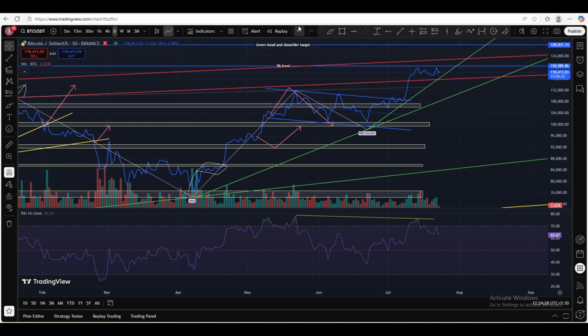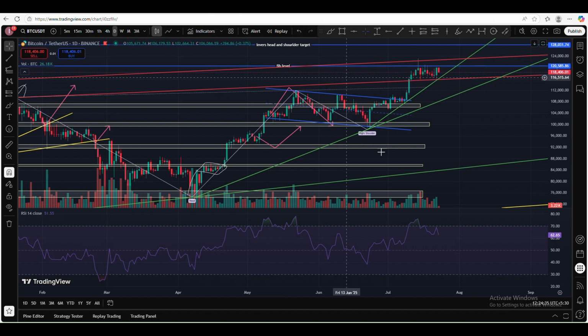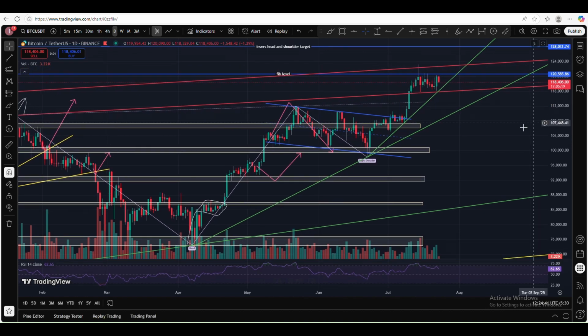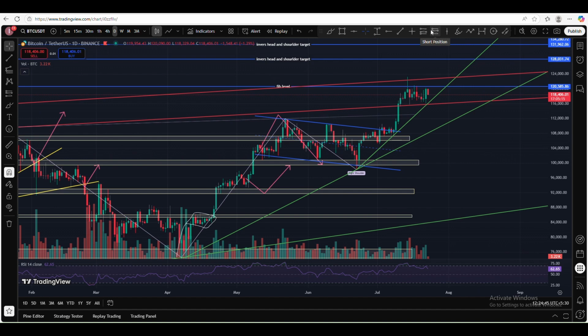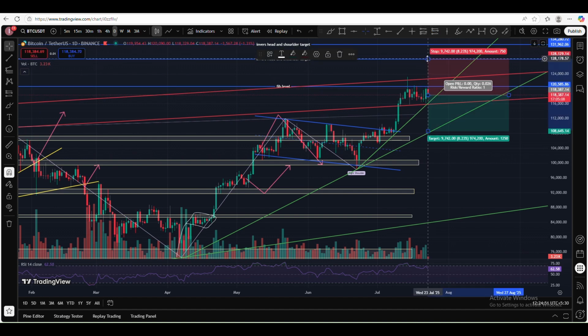There is a bearish divergence. With this bearish divergence, we can get a trade entry for a short position at this level.